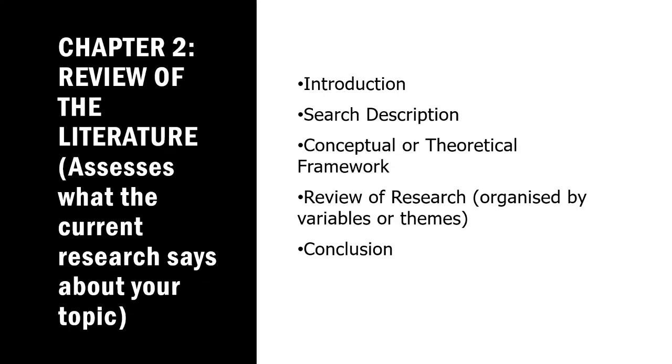You can organize it historically, by variables, or by themes. It depends on your study, how you would like to present the review of your literature, and what makes logical sense in your study.